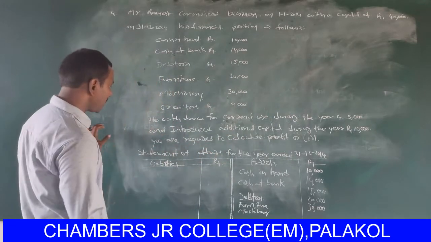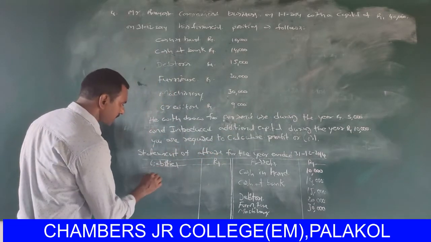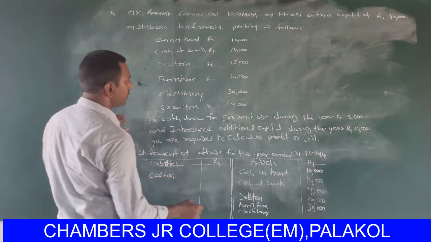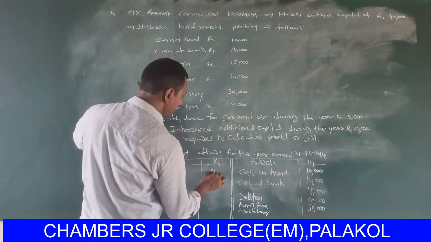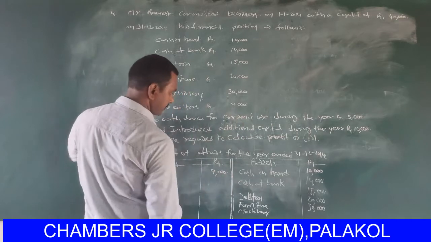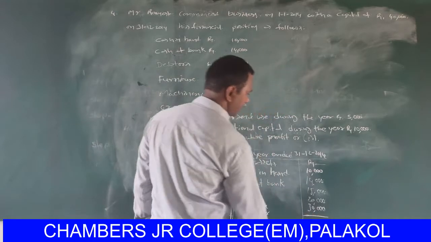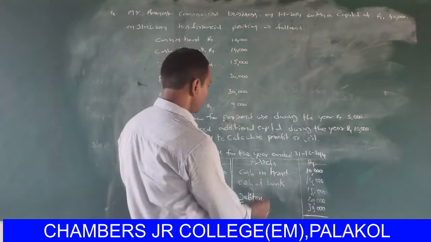Last one, creditors. Creditors is a liability, so it is taken into the liability side: rupees 9,000. Now let us see the difference between these two.